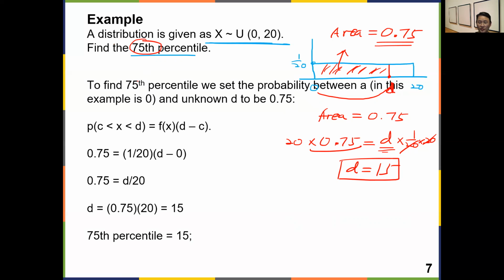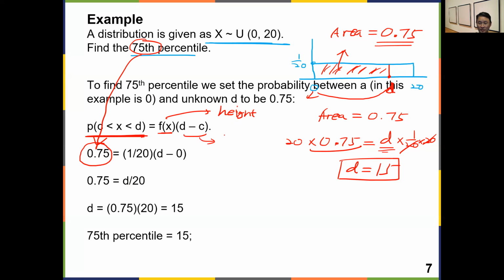Now, if you just consider the exact same procedure as last time, it's the same thing. We want that proportion from C to D, C being the beginning, and D is going to be the number that we're looking for, which is 75. The f(x) works as the height of the rectangle.